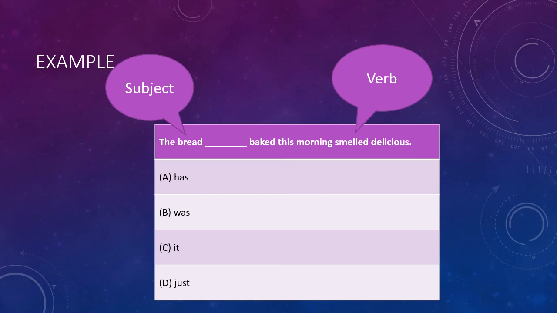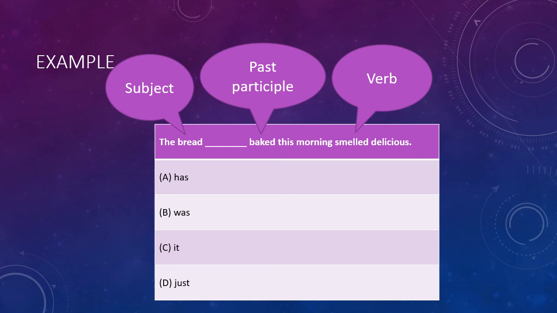Then this one should be an adjective in the form of past participle. So baked this morning: now we have the noun, the subject, we have the verb, we have the past participle. So this sentence is actually complete. Yeah, we can say the bread baked this morning smelled delicious. So what we can add to this sentence is only an adverb. Yes, good. The answer is D.